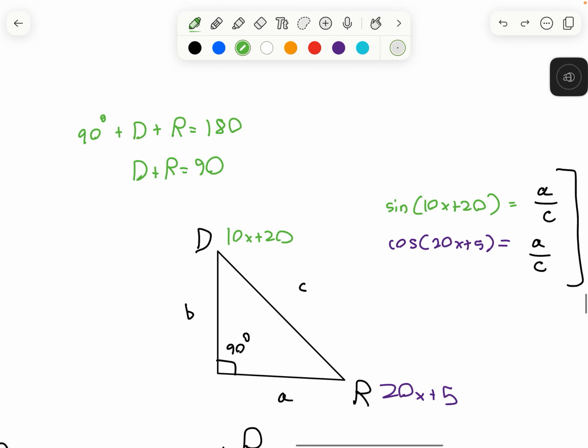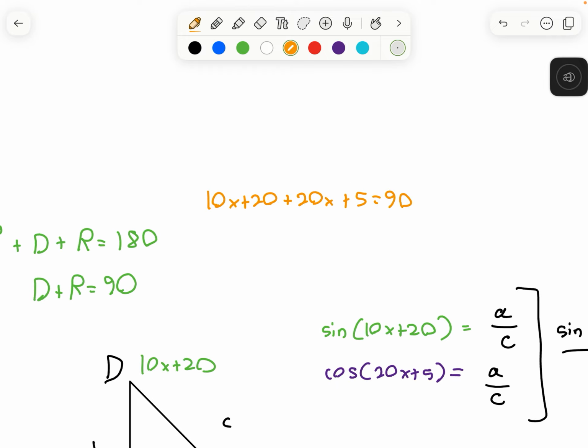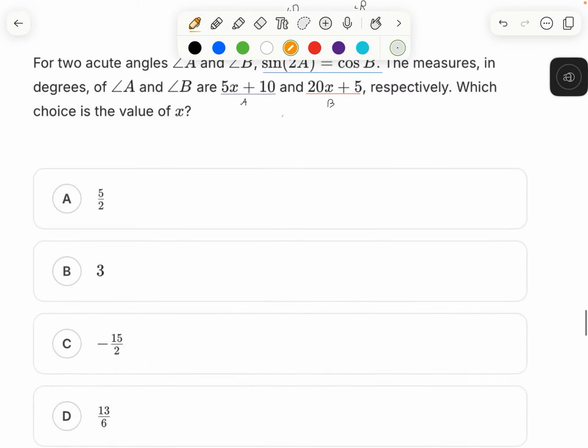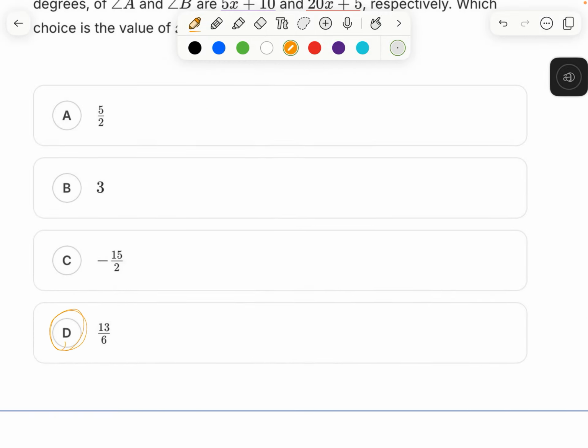If we add those together, you get 10x plus 20 plus 20x plus 5 equals 90. Now you can solve for x. You have 30x plus 25 equals 90. Then you get x equals 65 over 30. Simplify that, and you get 13 over 6. And that matches with our answer choice D here.